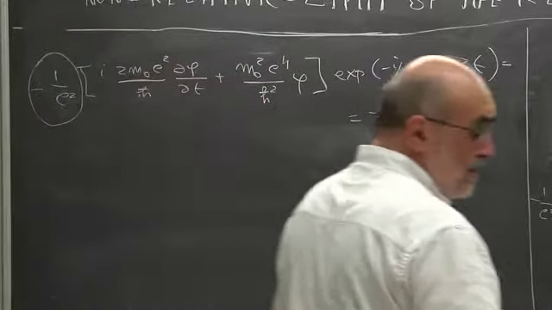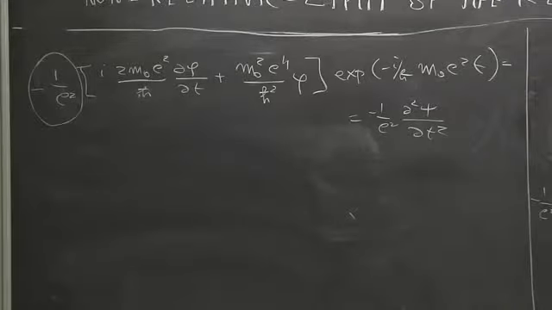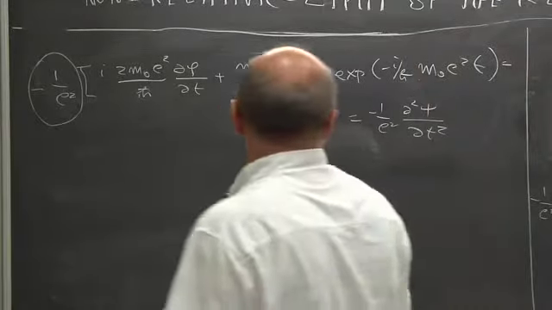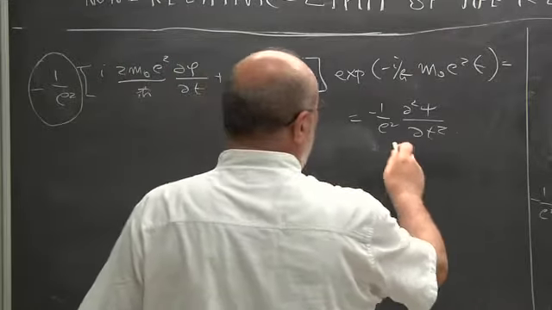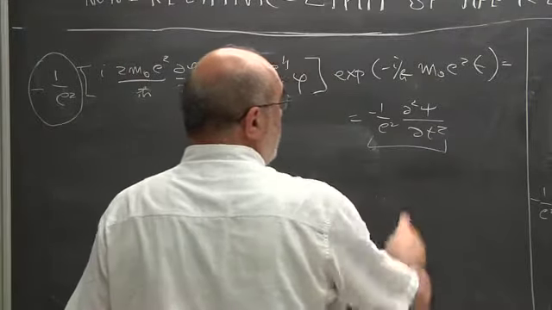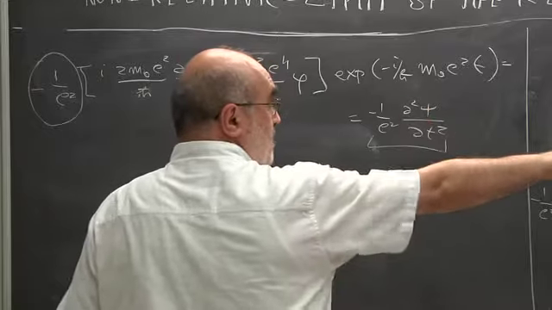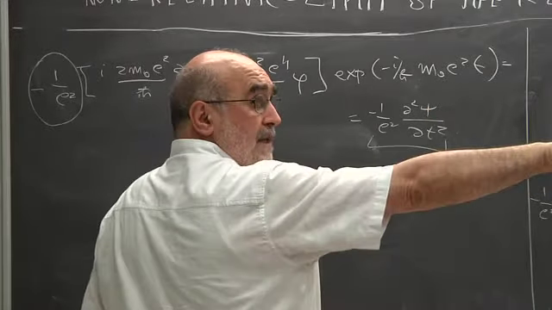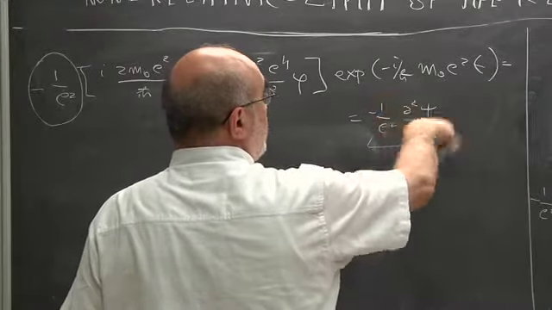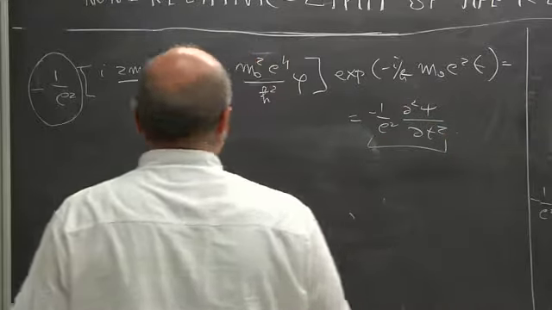Okay, let's use now the full equation. That means now I replace this with the space part, because I have the Klein-Gordon equation. And then look what I get.